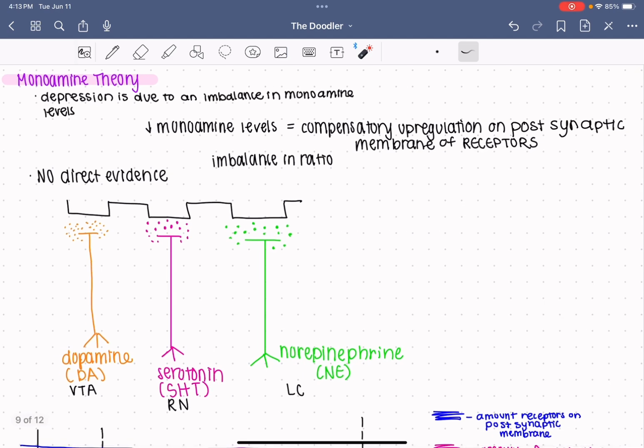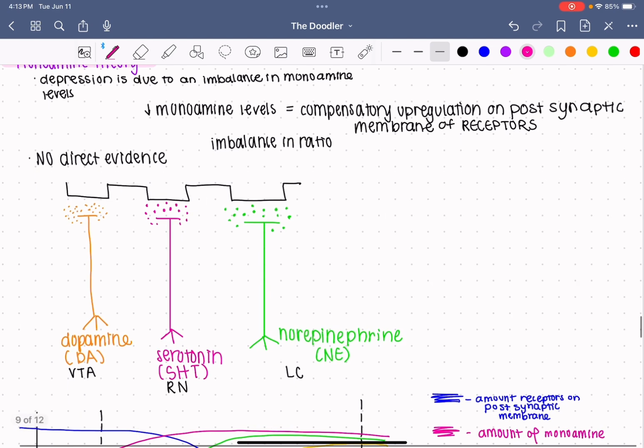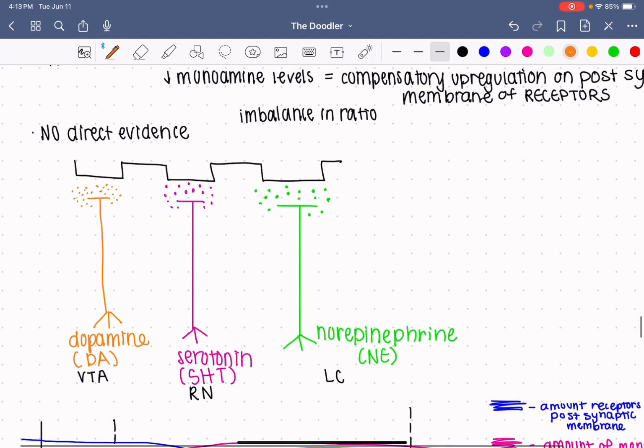Typically the monoamine theory states that a patient who's depressed has low levels of monoamine, which causes a compensatory upregulation of receptors on the postsynaptic membrane. So what this would look like is, if we have dopamine right here, there would be an increase in receptors on this postsynaptic membrane because there would be low levels of dopamine released.